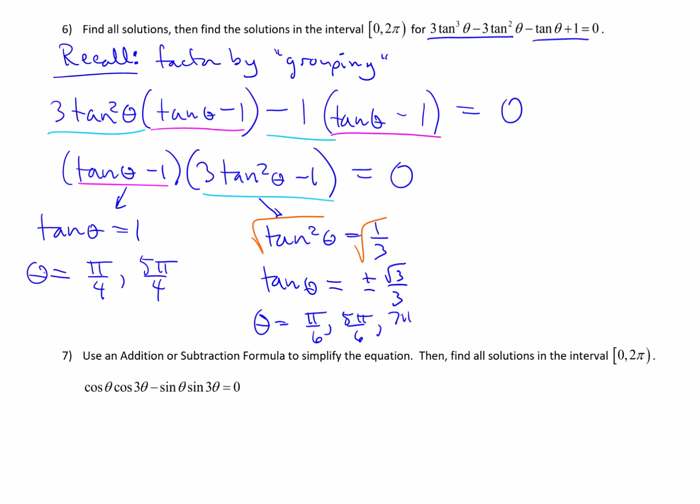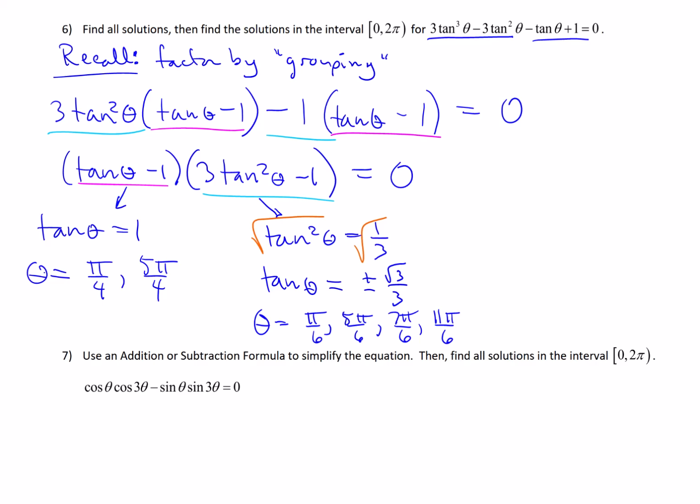We'd have 7 pi over 6 in quadrant 3, it'd be positive there. And then we'd have 11 pi over 6 in quadrant 4, where it'd be negative. So we're just finding the places where it's either equal to plus or minus, positive or negative, root 3 over 3.